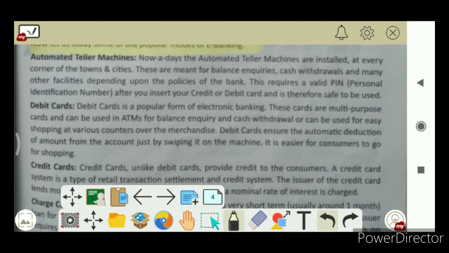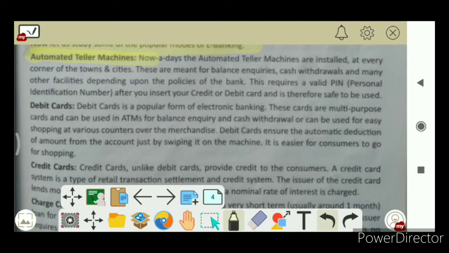Here, automated teller machine, that is ATM. If you want to get some money and you don't want to go to the bank, using an ATM you can withdraw money. There are many ATM machines in the locality, and you can use them to withdraw the money.